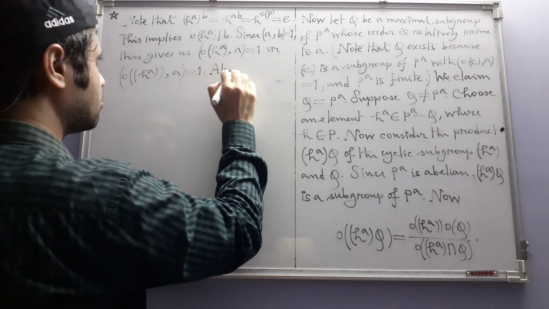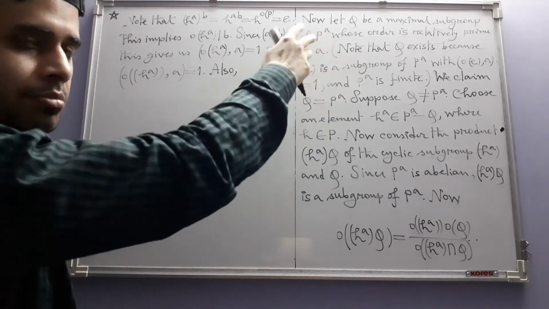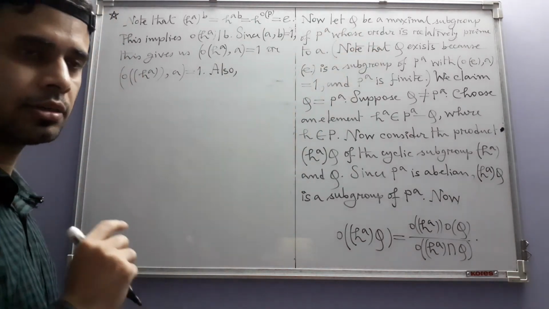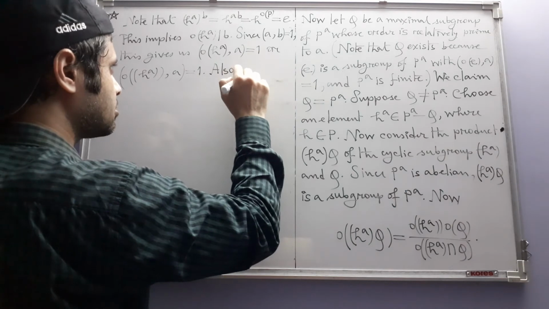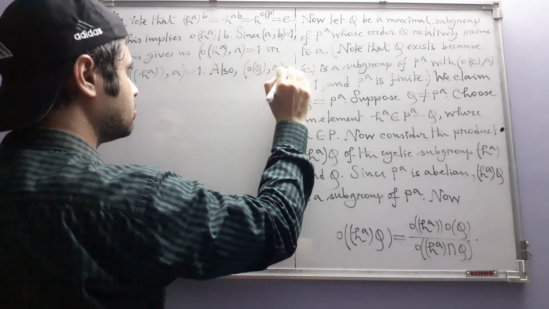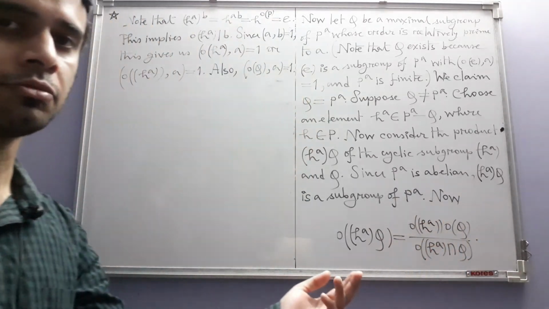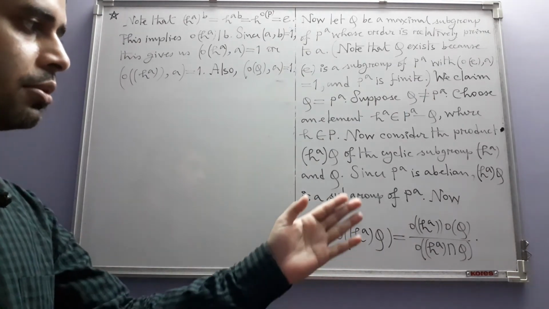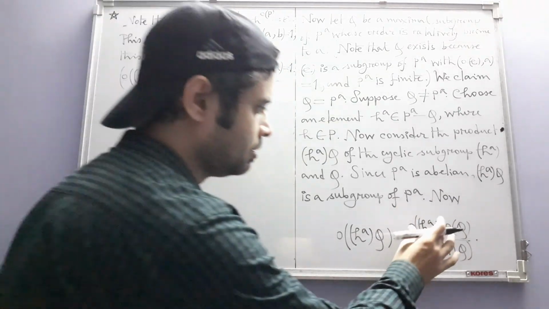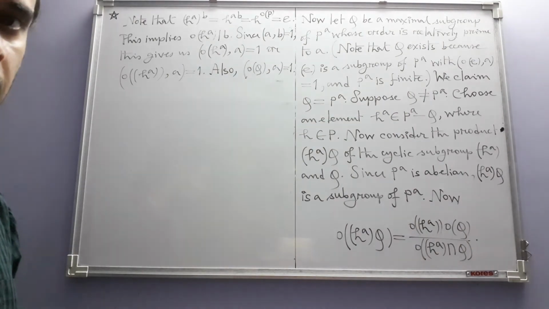Also, because of the way we have chosen Q, after all it's maximal, Q is a subgroup of PA whose order is relatively prime to A. So that means GCD of the order of Q and A is also equal to 1. So these two are integers which have no common factor with A other than 1.